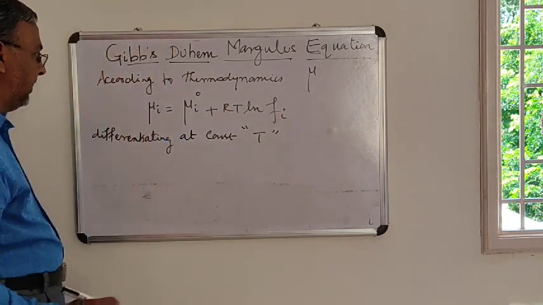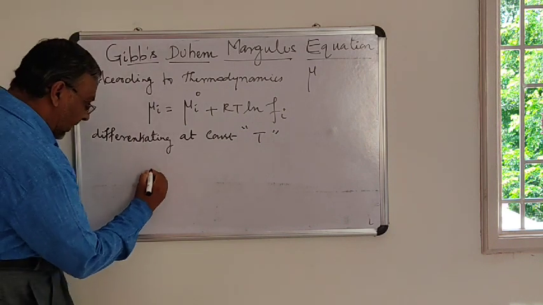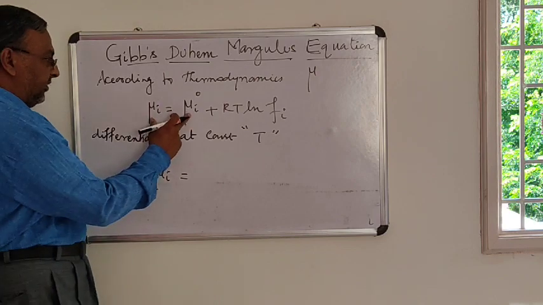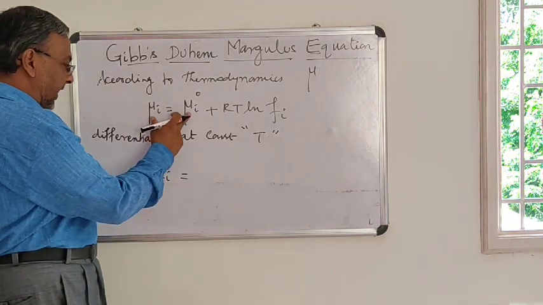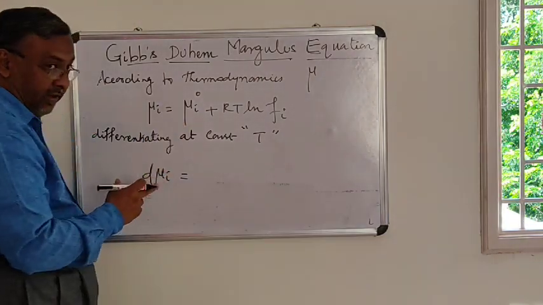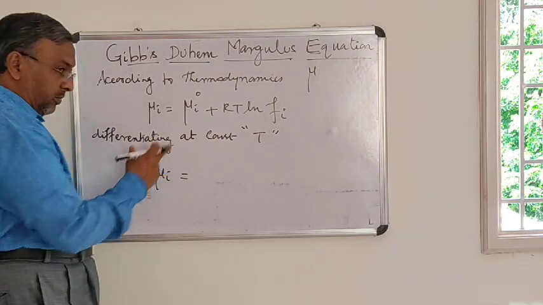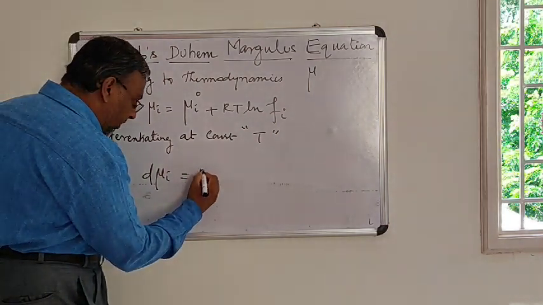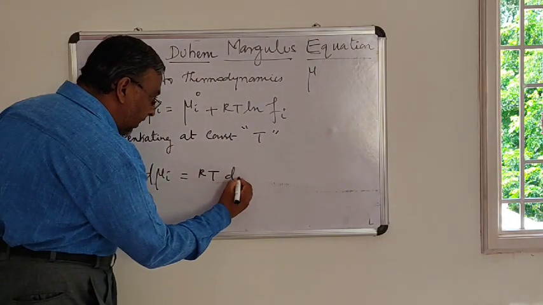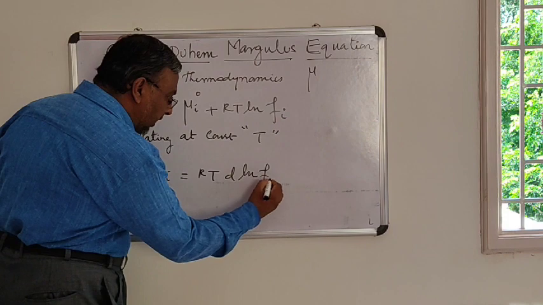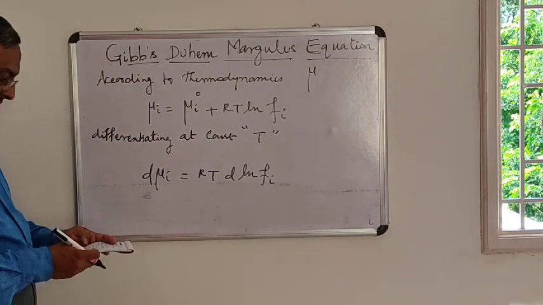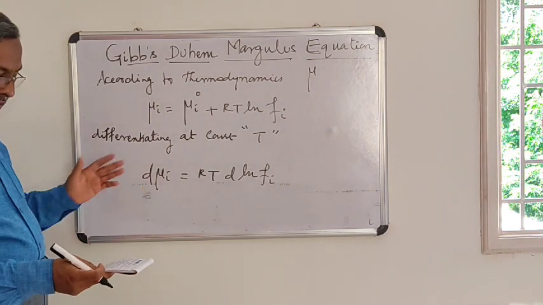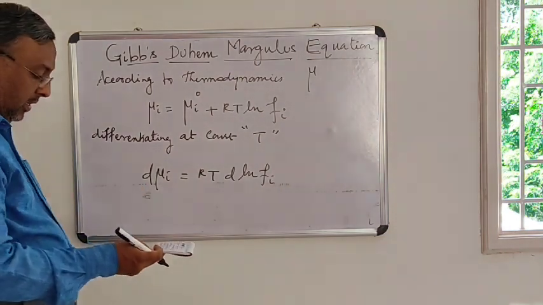When I differentiate this equation, I write d mu I. This is the standard chemical potential, a constant value. A constant cannot be differentiated; if you differentiate it, it will be equal to 0. It will be equal to RT d ln Fi. This is the differential form of the chemical potential thermodynamic equation.